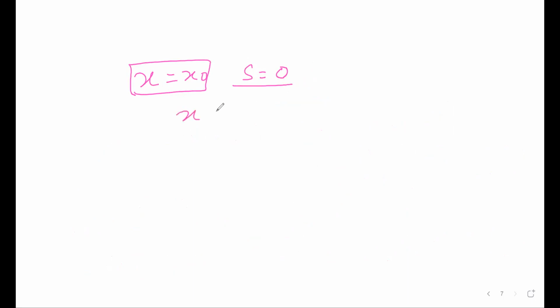And if we set x equal to x1, then what will be the value of s? x1 is equal to x0 plus h, so in this case you will see that s would be equal to 1.